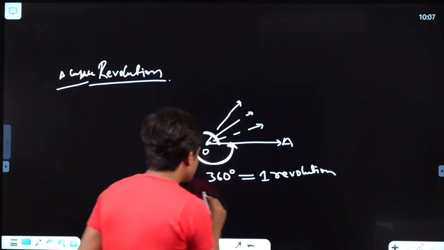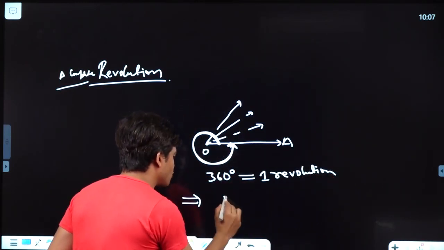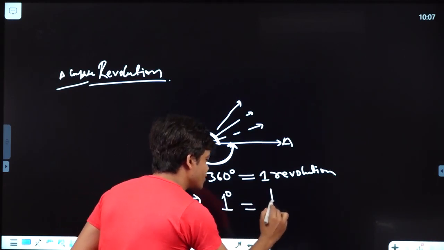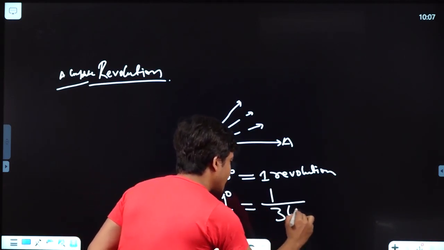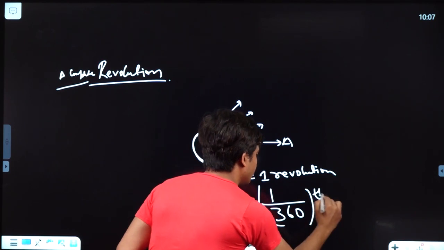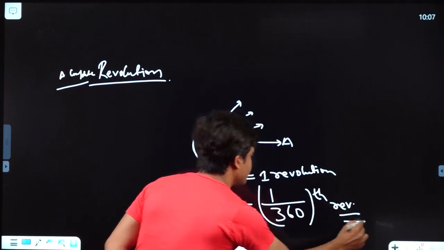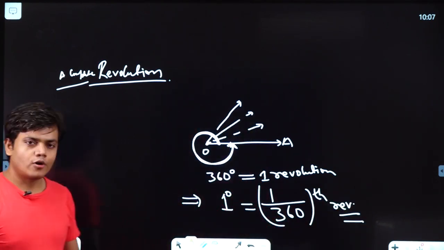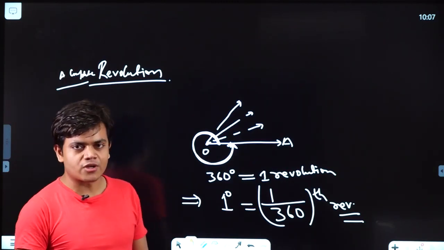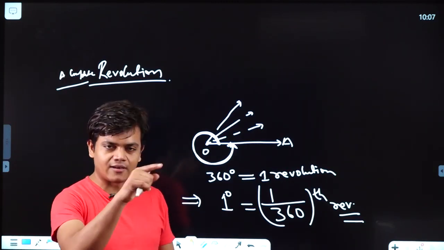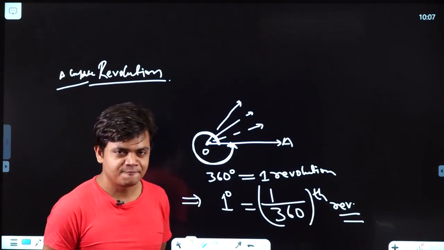So if I ask you about 1 degree, what will you say? You will say 1 by 360th of a revolution is equal to 1 degree. One complete revolution means a 360-degree angle is obtained.